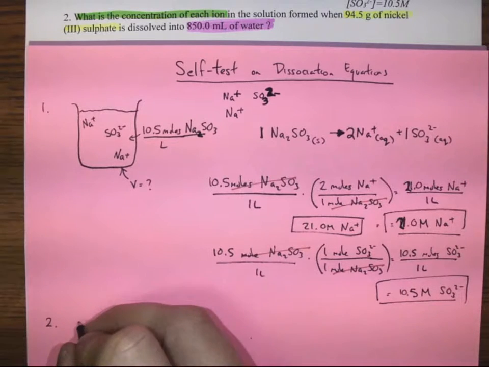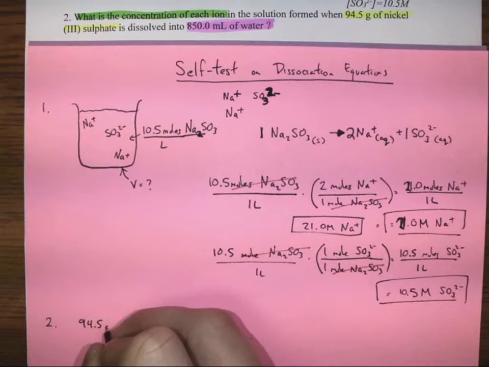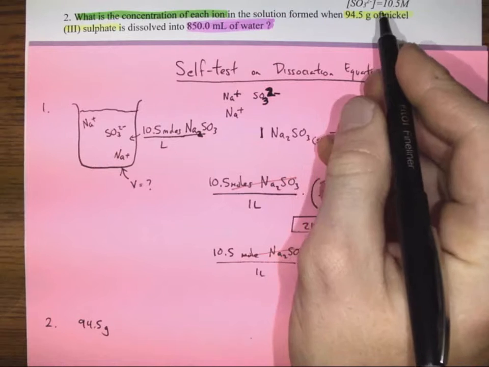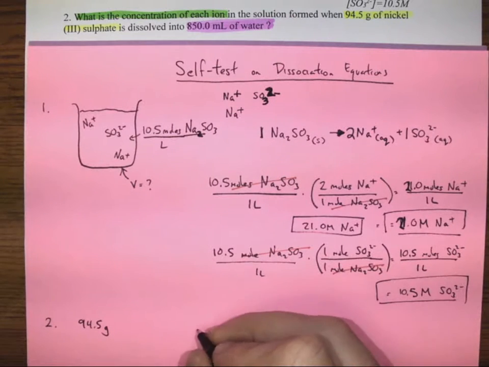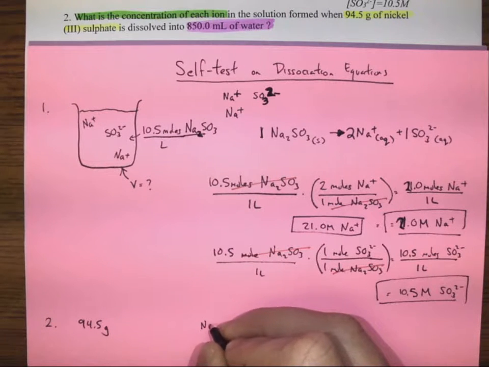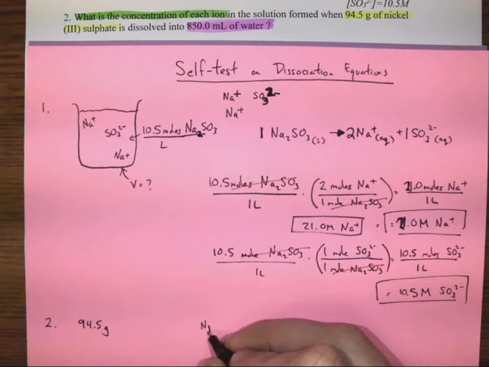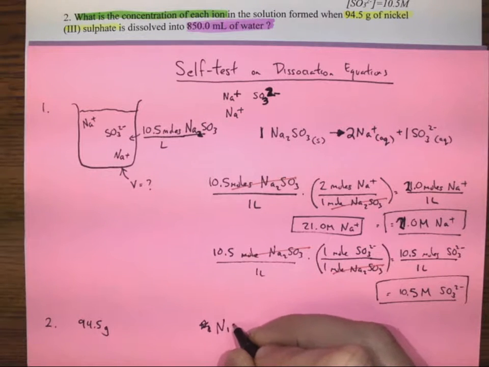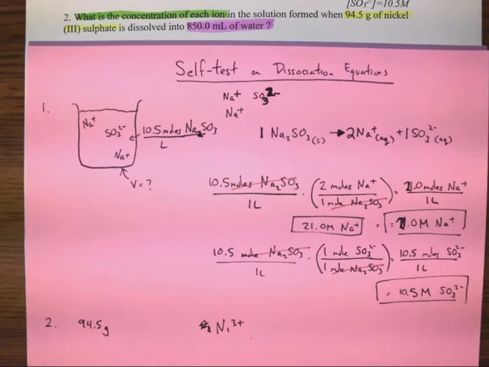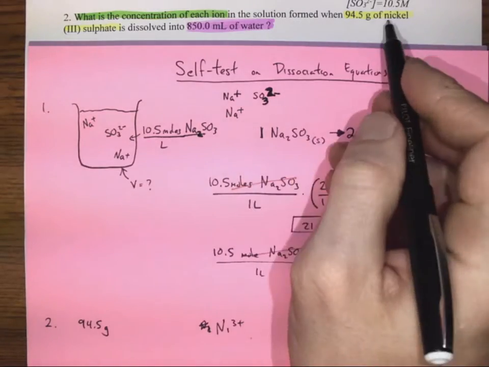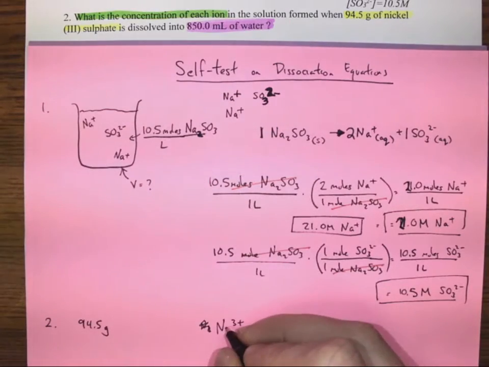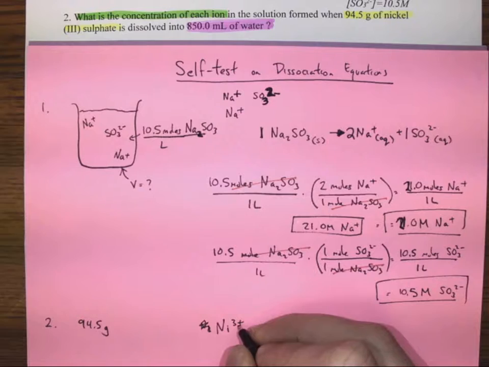I might list some things I know. I have 94.5 grams of nickel 3. That means my ions are nickel 3 plus. That's what that nickel 3 means: nickel with a positive 3 valence is the word we give it.